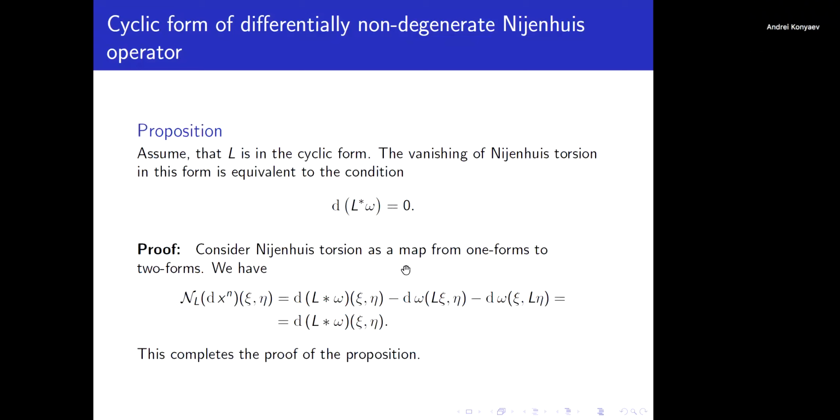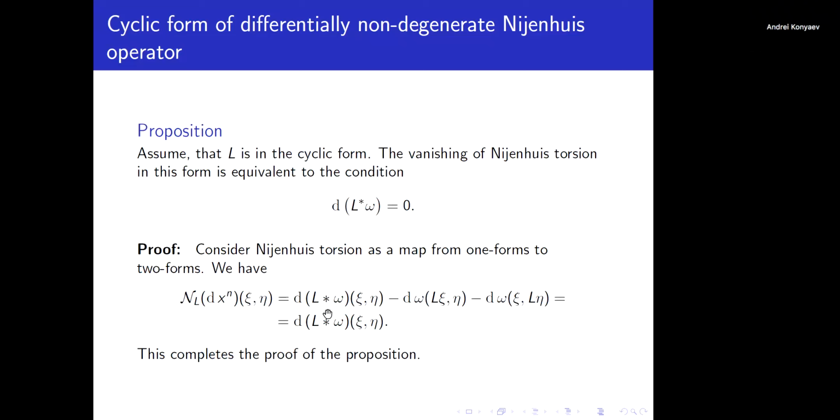We recall that we already know the Nijenhuis operator can be expressed as a map from one-forms to two-forms, and we apply it, and we get this short version, because somewhere here there will be just omega itself, which is a differential of omega, which is 0 because the differential of dxn is 0. This formula is again from, I think, lecture 2, and we get the following formula, and those two vanish because the vanishing of d omega is exactly the cyclic condition, and we get that the vanishing of the Nijenhuis operator is the same as the vanishing of this.